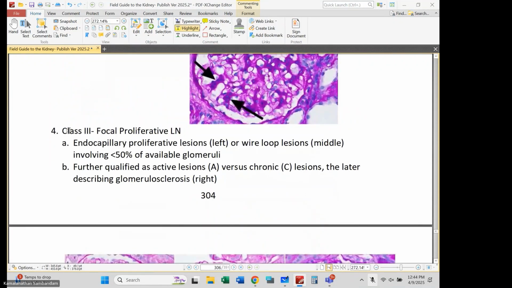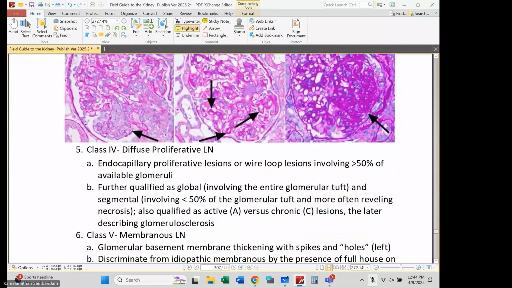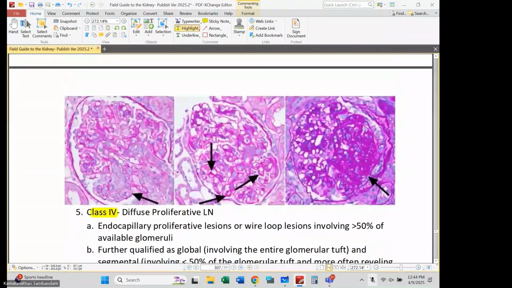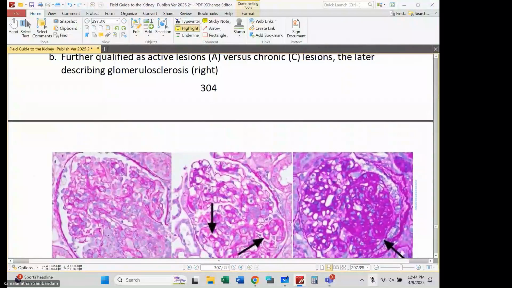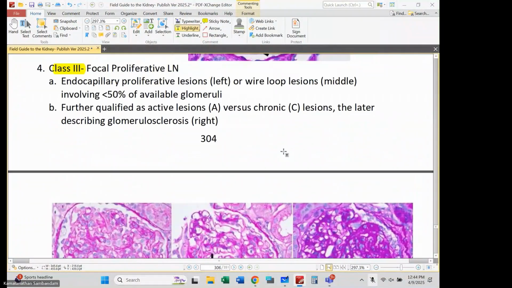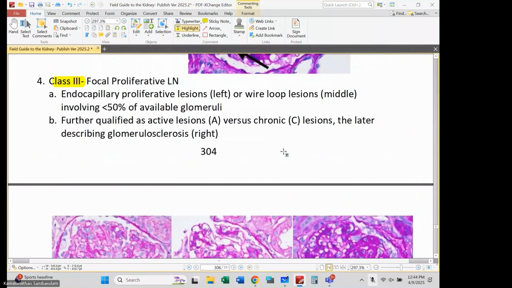Class 3 and class 4 are present when I see endocapillary hypercellularity. So that would be diagnostic of a class 3 or 4.